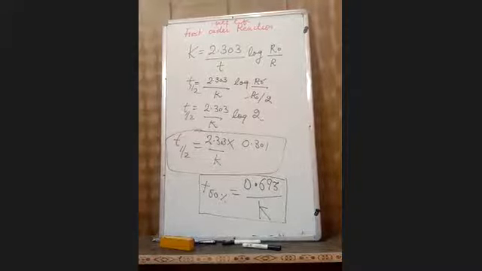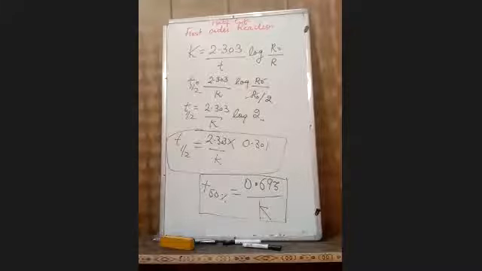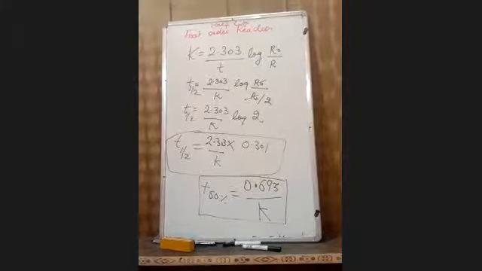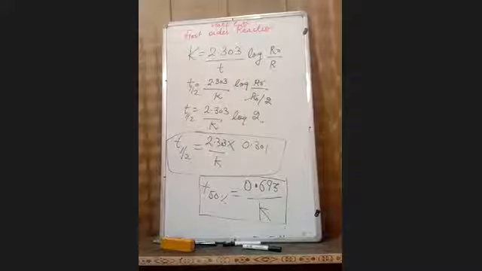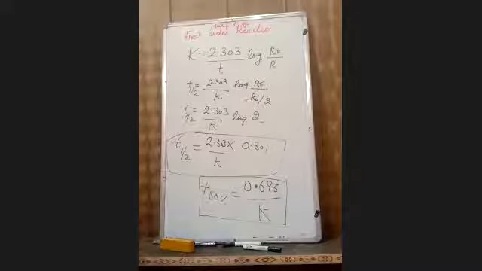For first order, it is 0.693 over K, which means for zero order reaction, T 50% is dependent on initial concentration. But for first order, it is independent. Till now, is there any doubt? Please let me know. Now, is it clear to you all?